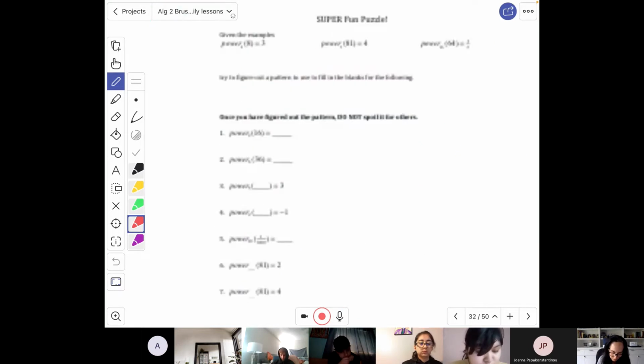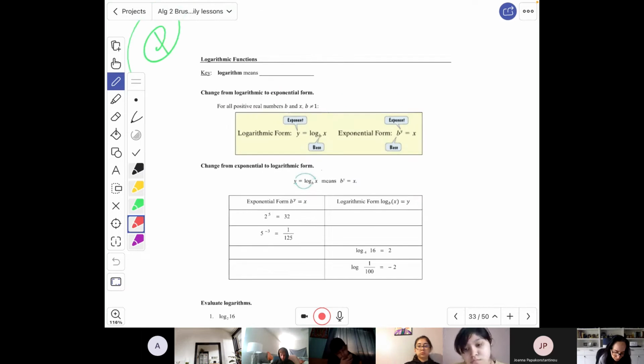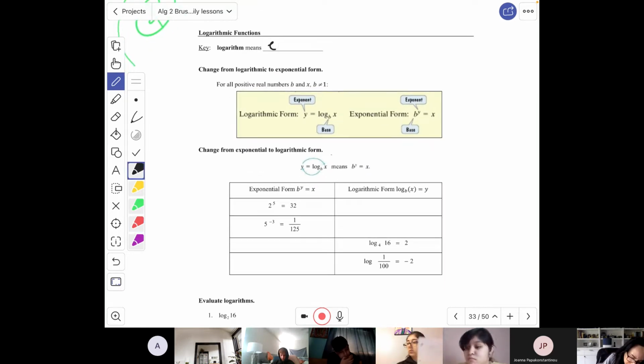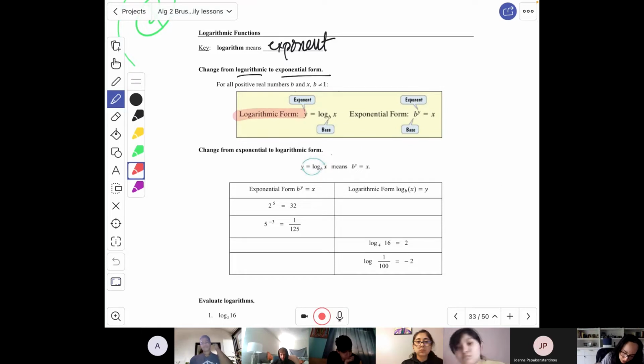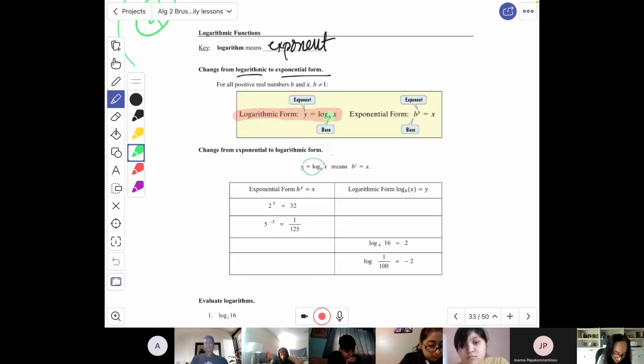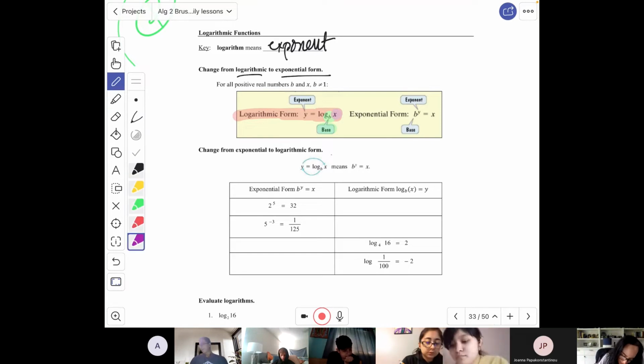Let's talk a little bit more about logarithms. So a logarithm just means an exponent. The output to a logarithmic expression is an exponent. So we talked about how to go from logarithmic form to exponential form. This is logarithmic form, where the output is the exponent. This little number down here is known as the base of the logarithm. And then this is known as the argument, which I didn't define here, but I can.